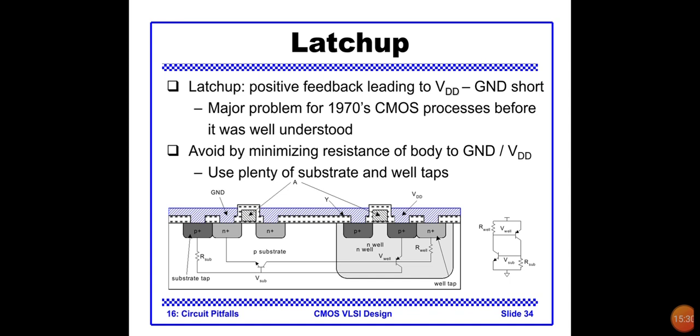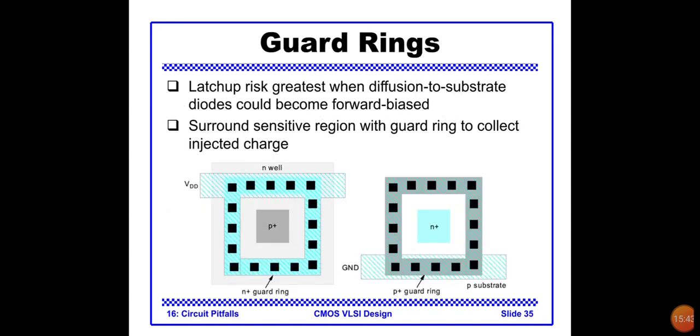The P substrate has a substrate tap, and the N well has a well tap, between ground and VDD. The latch-up risk is greatest when a diffusion to substrate diode becomes forward biased.